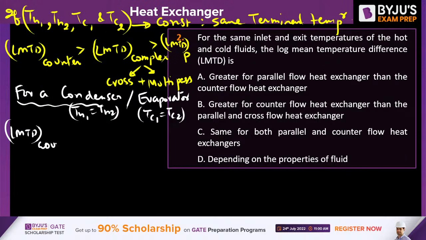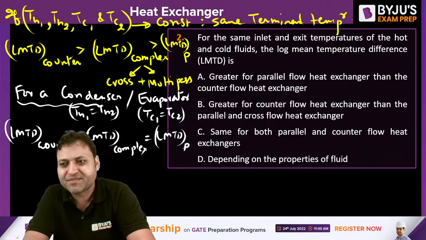So LMTD for counter flow is the same as LMTD for the complex heat exchanger, and when there is a phase change it is equal to LMTD for the parallel flow heat exchanger. Yes, if there is a phase change in any of the fluids, the relative direction of the fluid flow becomes insignificant as far as the thermal performance is concerned.